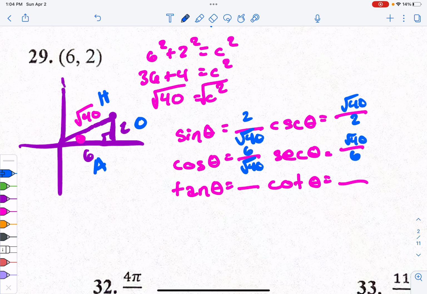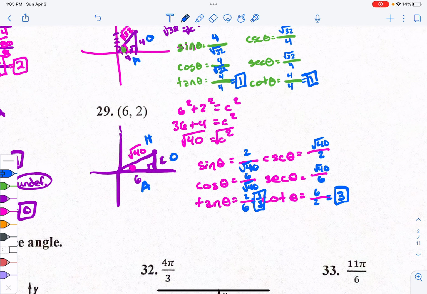And tangent is opposite over adjacent, which is 2 over 6, or you can write it as 1/3 if you want to, because that's how that will reduce. And then cotangent will be 6 over 2, which reduces to 3. So that's how that will work out, okay? Now, you cannot reduce the 40 and the 2 because the 40 is trapped underneath. So if you were trying to do that up above, that's something that you can't quite do, okay?